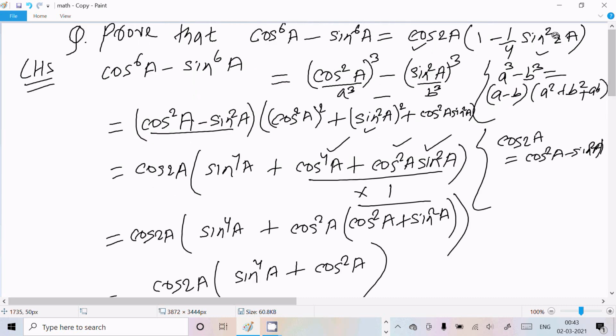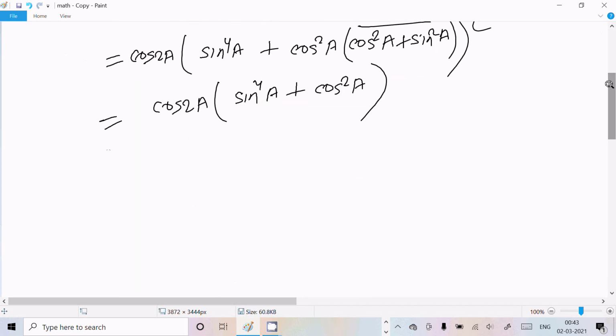Now this is all in the form of sin, so I'm going to change this in the form of sin. So here we can write cos^2 a as 1 minus sin^2 a.